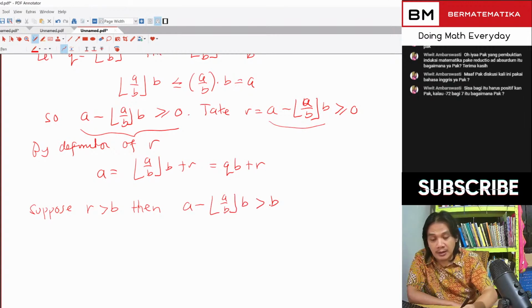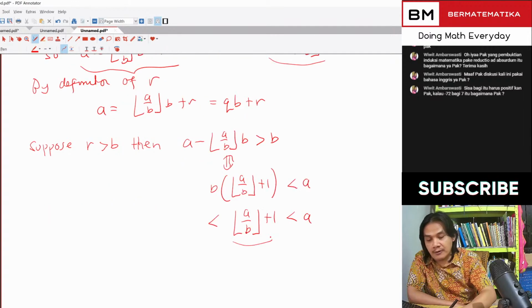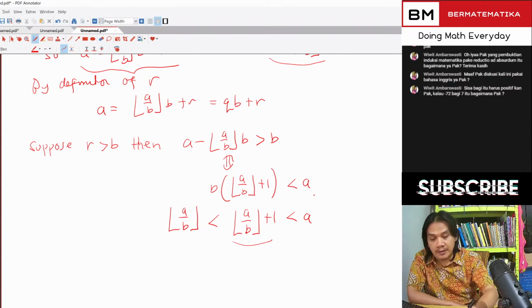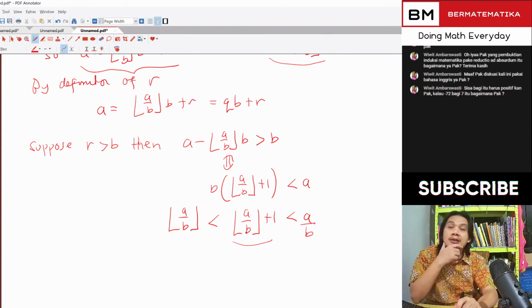So in particular, this is equivalent to b times the floor of a over b plus 1 is smaller than or equal to a. So then we have the floor of a over b plus 1 is smaller than or equal to a over b, but this guy is clearly bigger than the floor of a over b. I'm sorry, this is a over b here. But this leads us to a contradiction. Why is that?